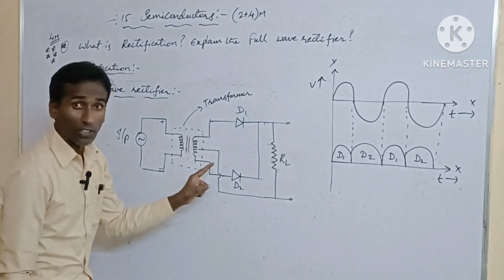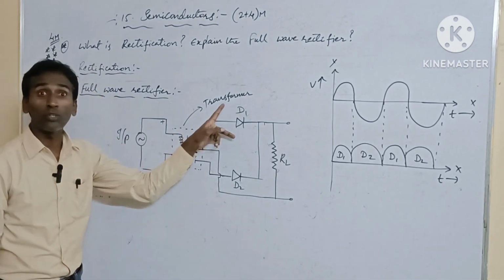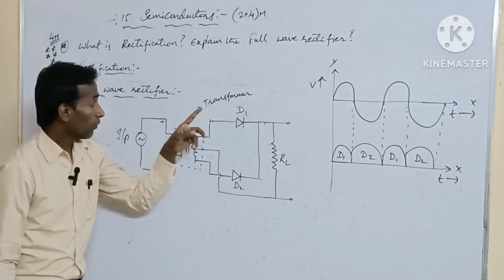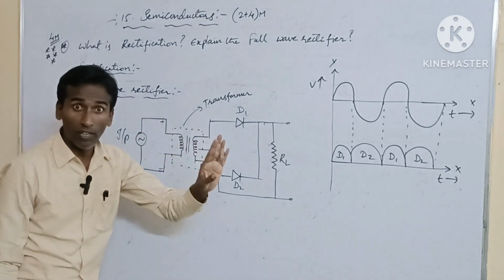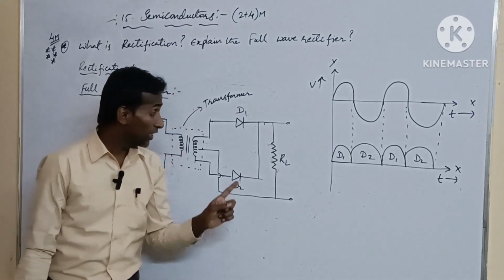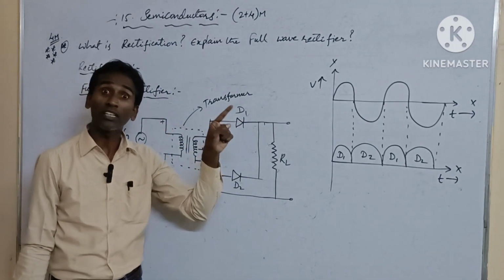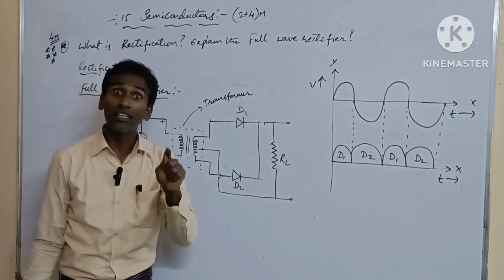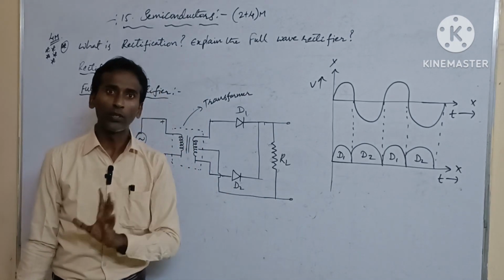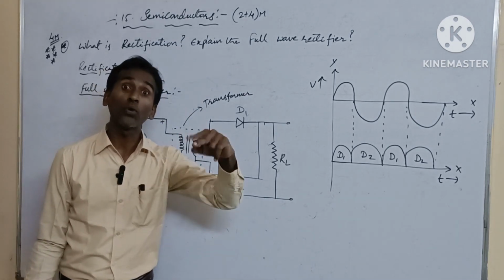Remember, when the current passes through diode D1, D1 is in forward bias and D2 is in reverse bias. The current passes through D1 but does not pass through D2 during the positive half cycle.